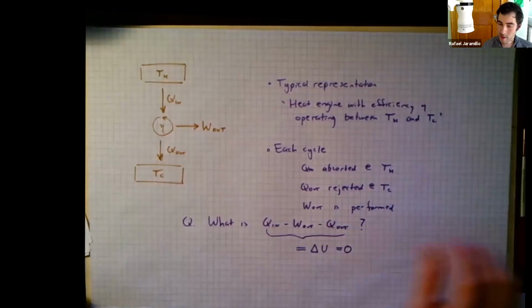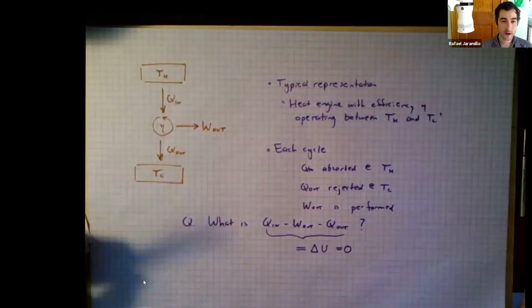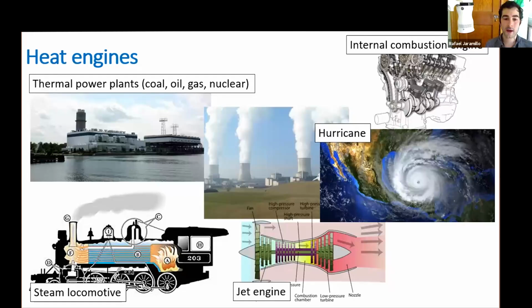So let's go back to our slides here just for fun. Okay, so here's some real engines. For the thermal power plant, say, somebody tell me where would I find T hot? Where would I find the high temperature? Does anybody know?